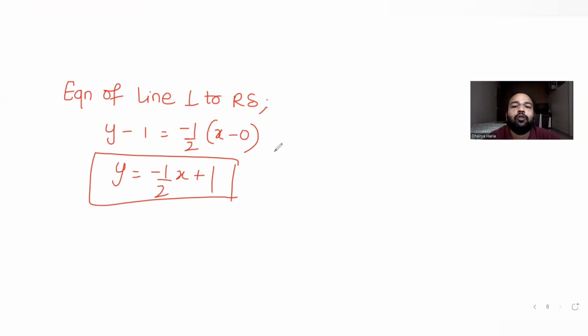Now, once you have the equation of the line, y equal to minus half x plus 1, we know that this line also touches curve C at points R dash and S dash. So now let's try to find the two coordinates of R dash and S dash.